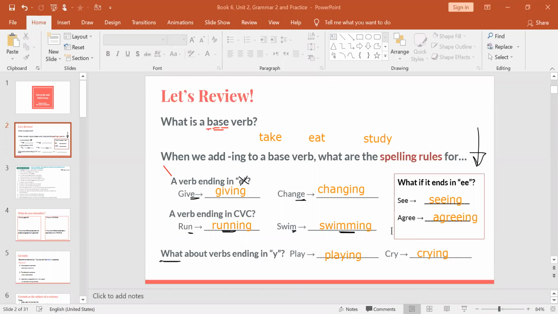It's the same rule as above with the double E: you just add ing when the base verb ends in Y. Good. Let's go on to the next page.